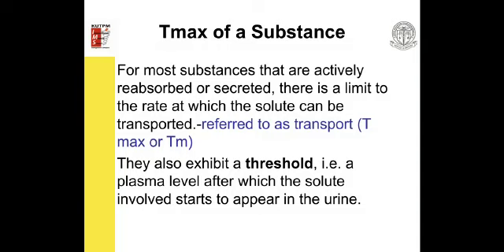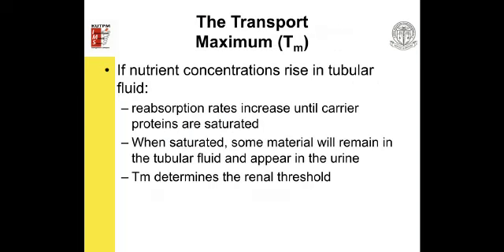So the renal threshold is 180, whereas the tubular maximum in males is 375 milligrams per minute and 325 in females. If the plasma level is more than 180, glucose starts appearing in the urine. So that is the Tm, the tubular maximum.